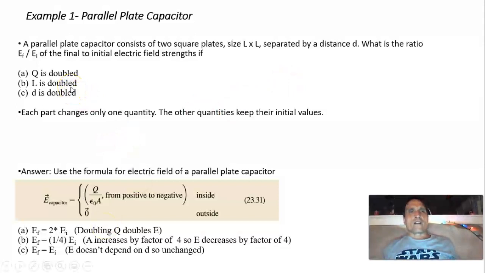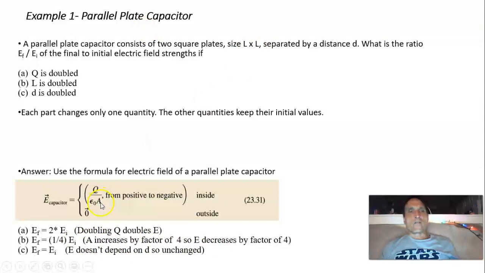Okay, so let's look at the next case. Suppose we double the length. Well, you might think, oh, well, the electric field's going to drop to 1/2. No, because this is one dimension, right? So if I double the length and it's a square, then I'm also doubling the width. So if L is doubled, I'm going to double the length and the width, which means that I am going to increase the area by a factor of 4.